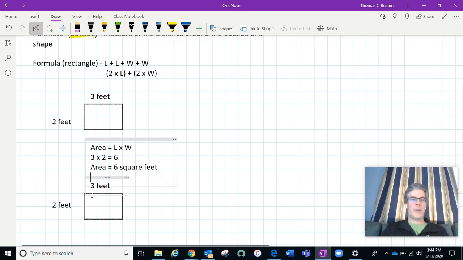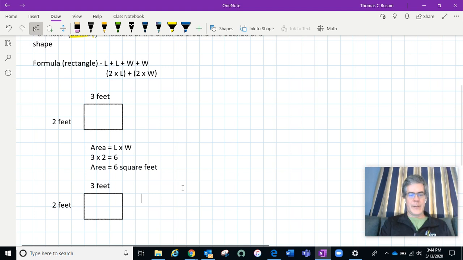But you have to remember, if you're walking the perimeter, you're walking all the way around the outside. Even though these sides aren't labeled, we still have to include them when we're finding the perimeter.